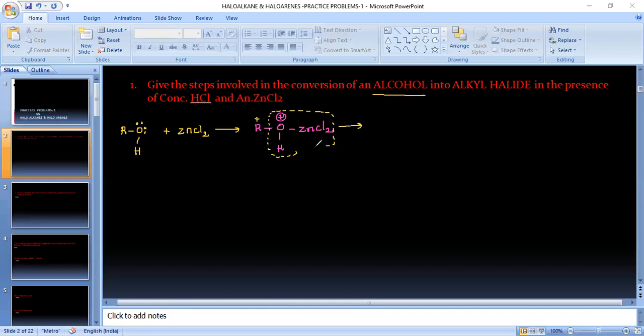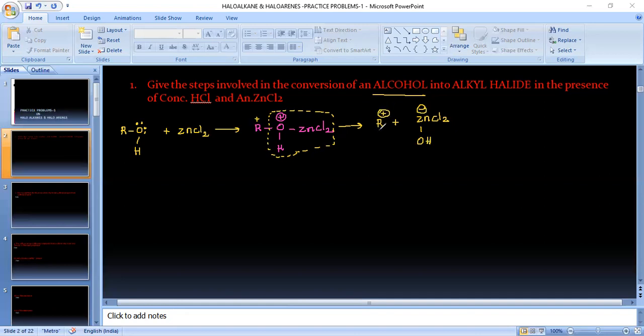Then we can write R plus, the alkyl cation, and the leaving group ZnCl2OH, where this one is the negative part and this one is the positive part.